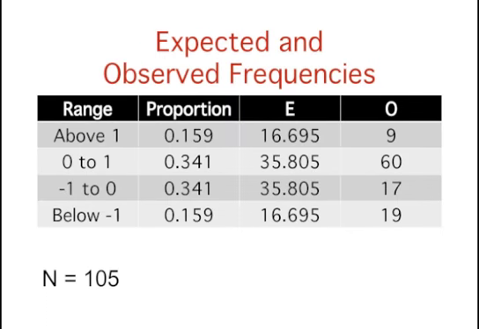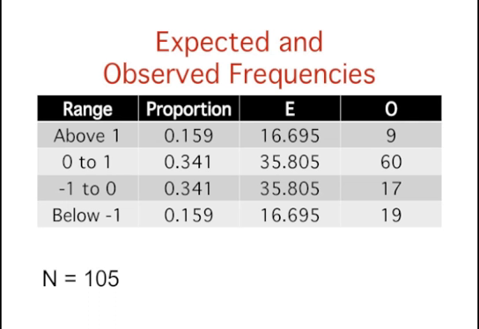All we have to do to get the expected frequencies is to multiply the expected proportions by the number of students, which is 105. For example, the expected proportion of students with scores above 1 is 0.159. Multiplying by 105, we get the expected frequency of 16.695.